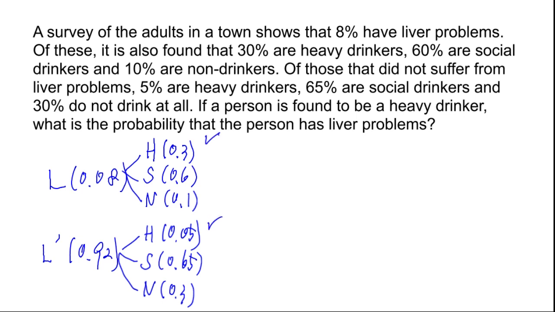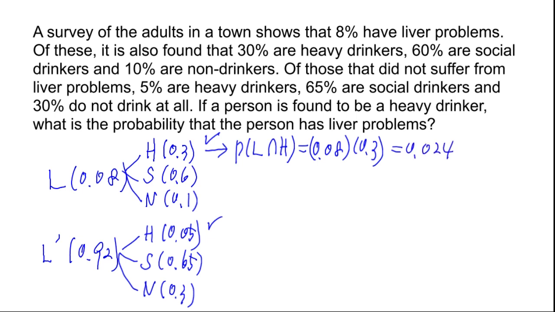So you don't need to find every possible probability. You can simply find the probability of these two things. Liver problem and heavy drinker is 0.08 times 0.3, right? This is 0.024.